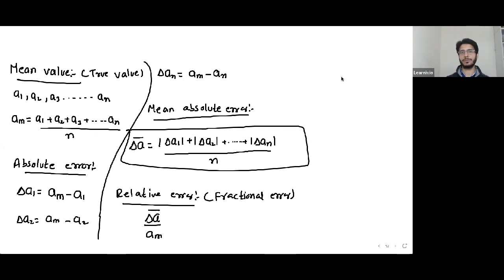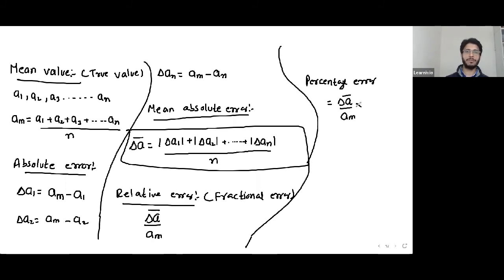That's relative error: the mean absolute error divided by mean value. Next, you have percentage error. Percentage error is mean absolute error divided by mean value, multiplied by 100.